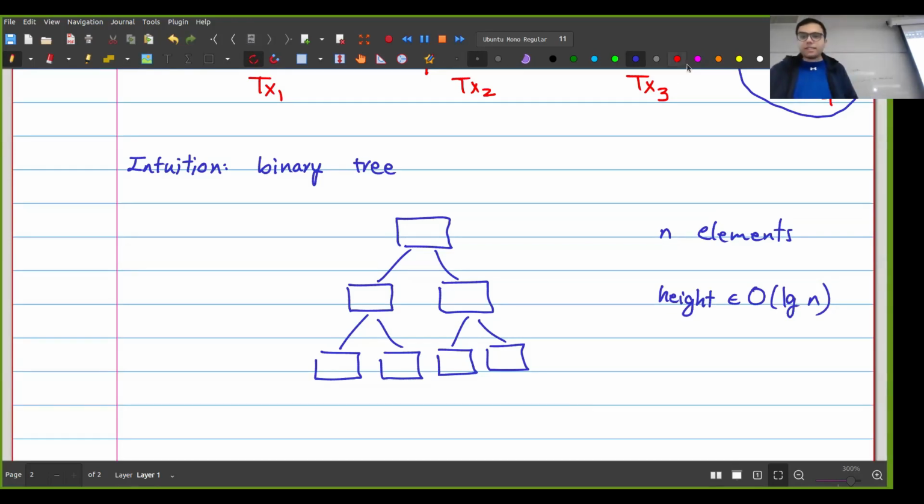Now, let's say that I somehow can give the London branch a pointer to the root of this tree. And let's say that every node also has two pointers. It has a pointer to the left side and a pointer to the right side. So a pointer to the left child and another one to the right child.